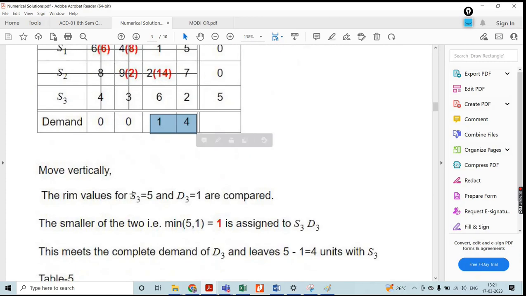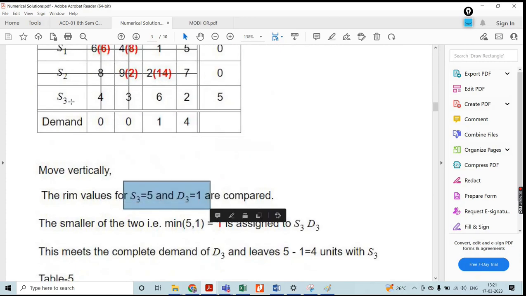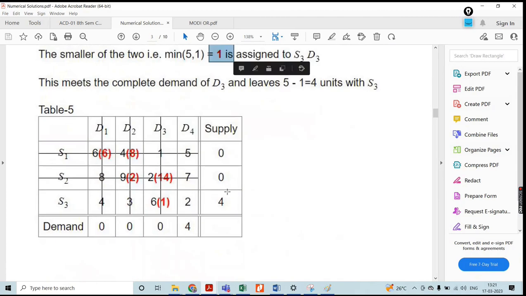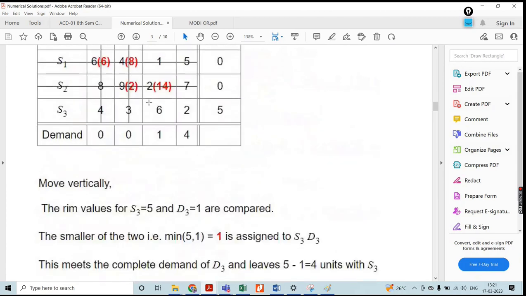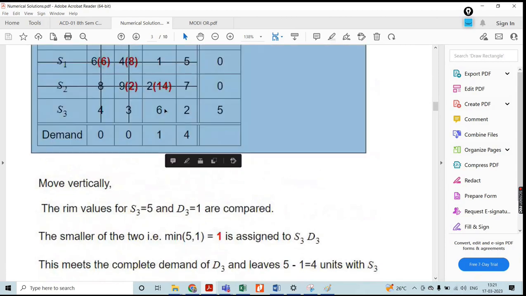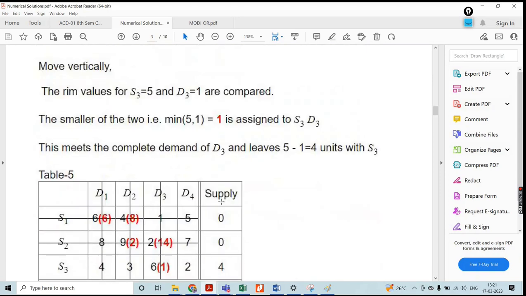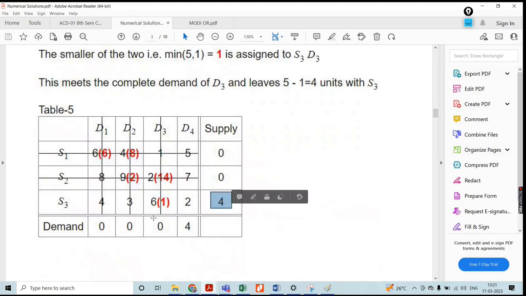Then you can proceed for the same S3 and D3. Which is the minimum value? 1. At 6 rupees, 1 I am going to allocate here. How many is left? 5 minus 1 is 4. Then it will become 0. 6 rupees, 1 quantity.